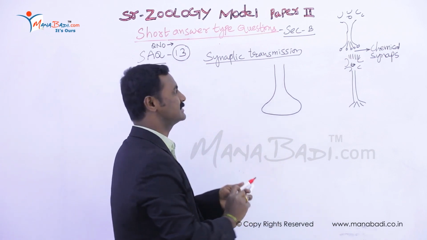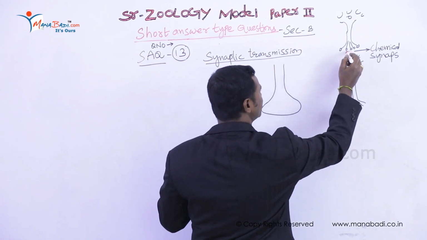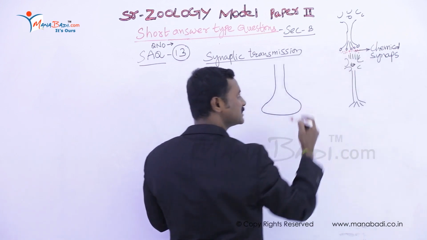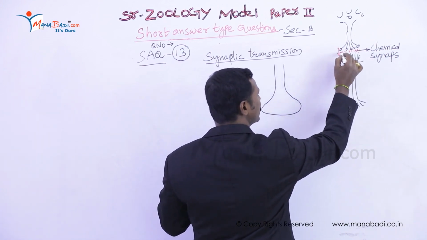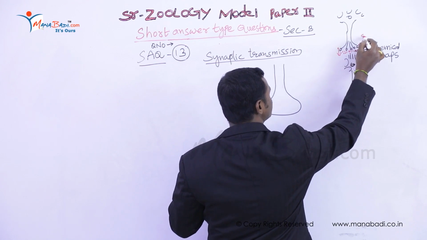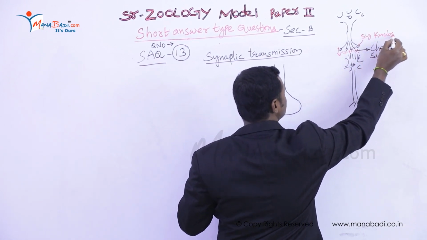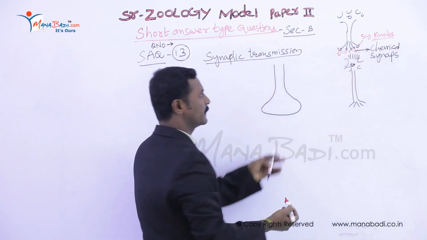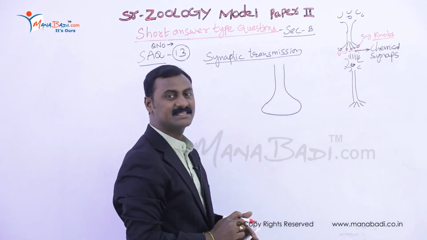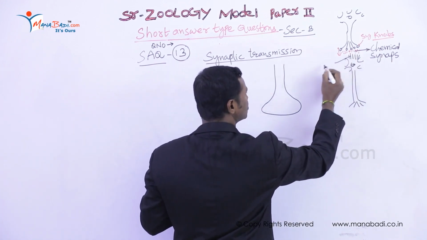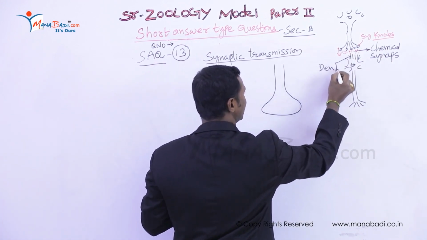In this chemical synapse, there will be a liquid called neurotransmitter, which is released from synaptic knobs. What are these? Synaptic knobs. So from the synaptic knobs, neurotransmitter is released. This neurotransmitter is going to get connection with dendrites.